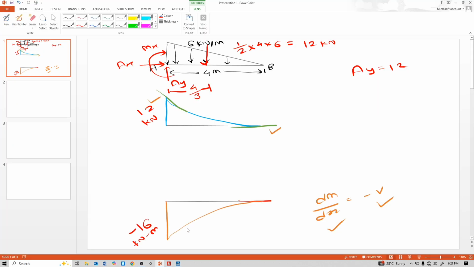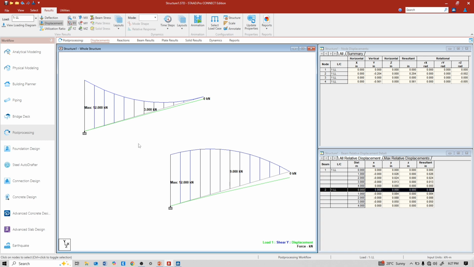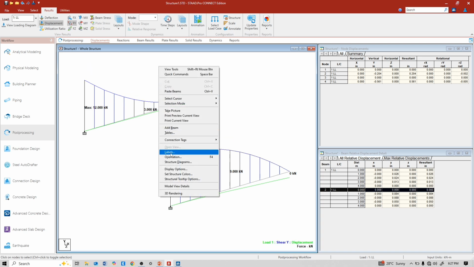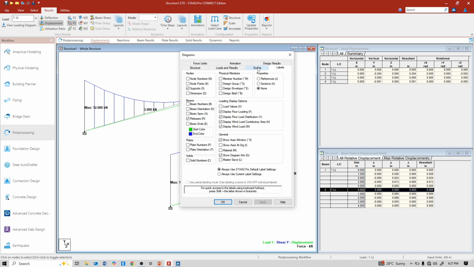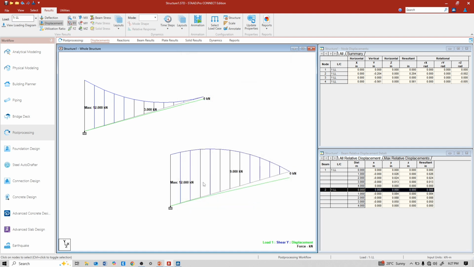See our 12 kilonewton and shape like this. This is like this.